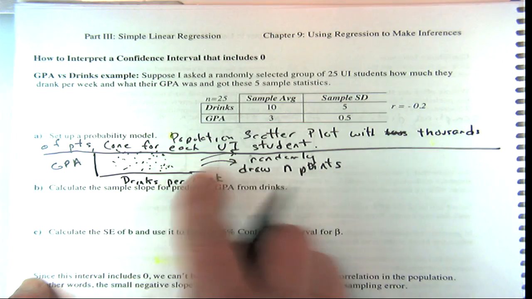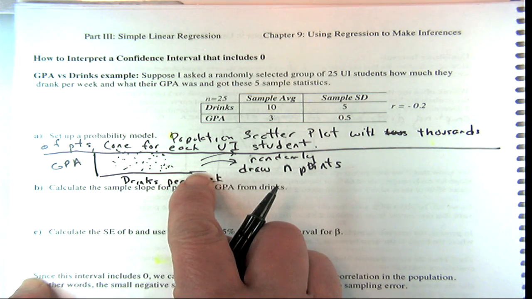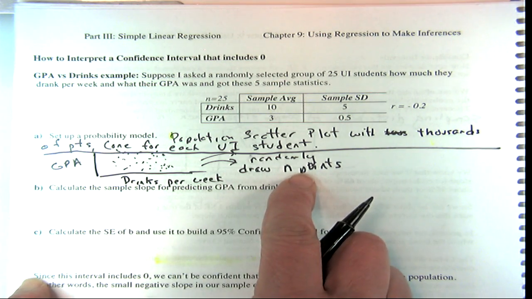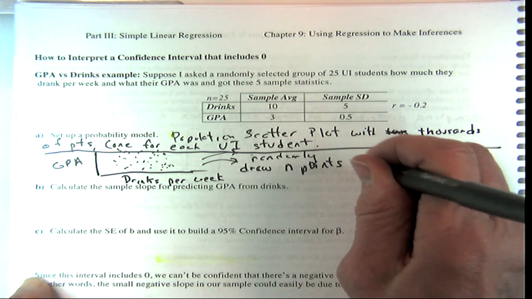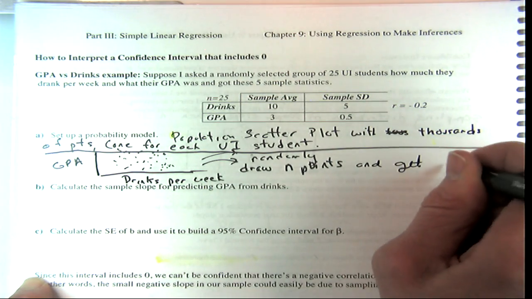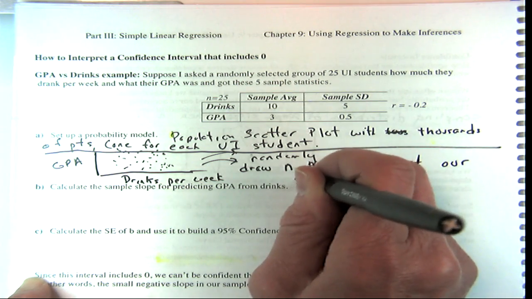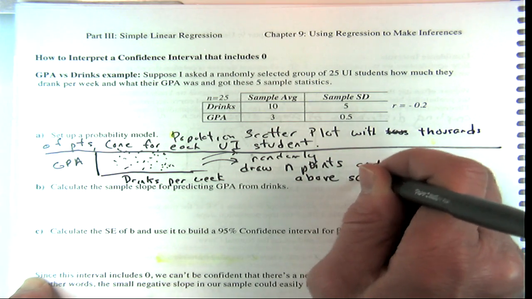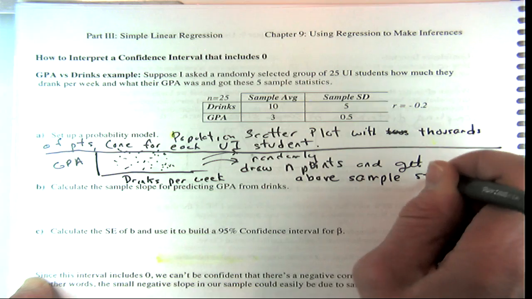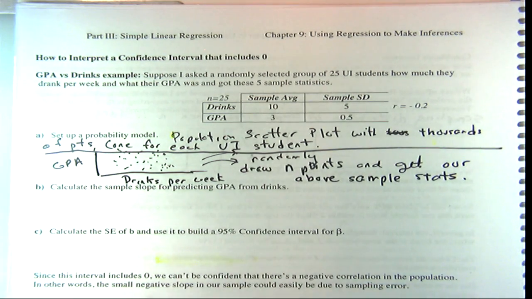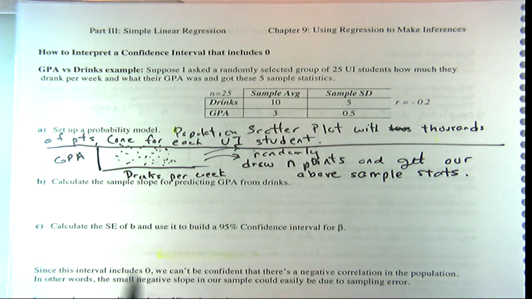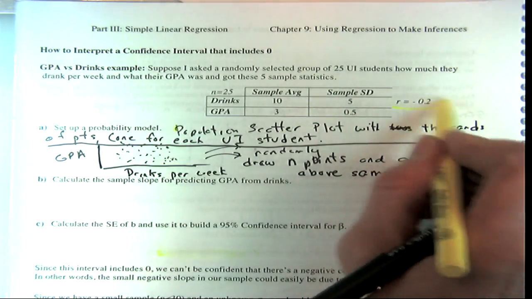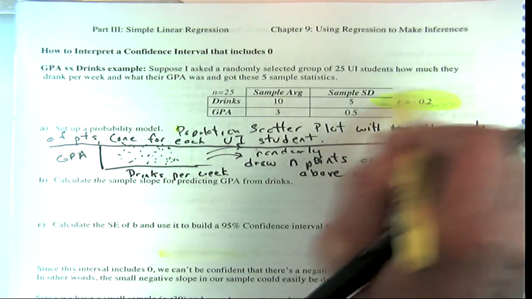We're randomly drawing n of these points, and from those n points we get these sample statistics: an average for both variables, a standard deviation for both variables, and the correlation coefficient. Pretend we got a negative correlation of negative 0.2.